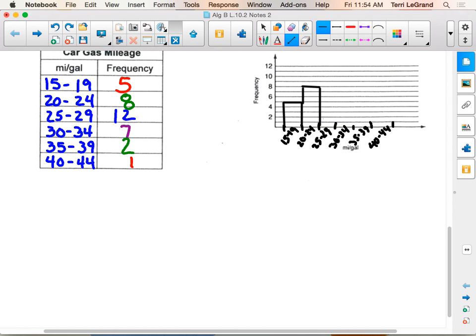Yours is going to look prettier than mine. When you're all done, ask to see the master that's already completed, because I'm not going to finish it up on the smart board. After you finish your histogram, you will see if it is done well.